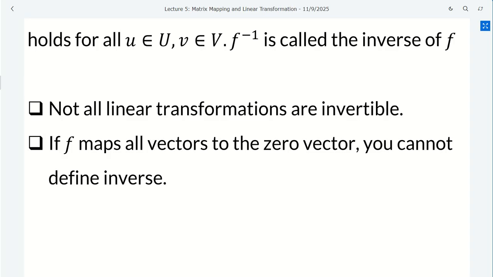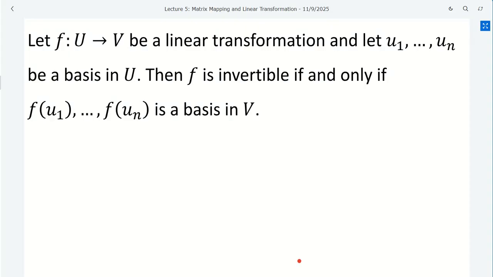So if F maps all vectors to a zero vector, you can define the matrix. If you remember the exercise I asked you to do, where the vector was zero, you realize that that transformation is not invertible. That means when you find the determinant, it will be zero, and we'll do that.